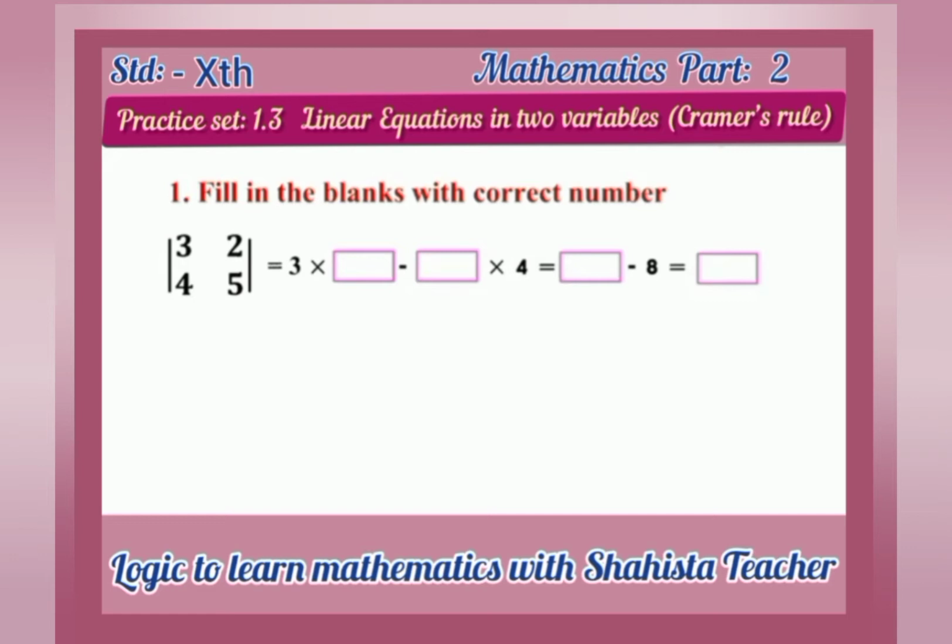So here we will write 3 multiplied by 5 minus 2 multiplied by 4. That is equal to 3 5s are 15 minus 4 2s are 8.